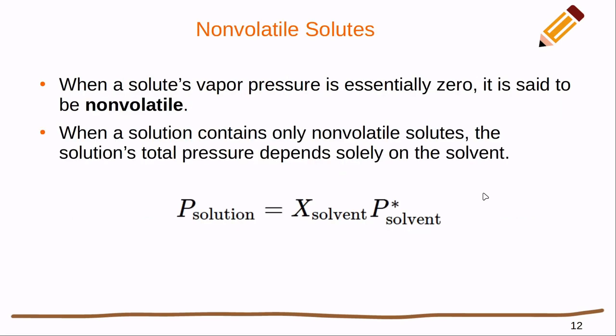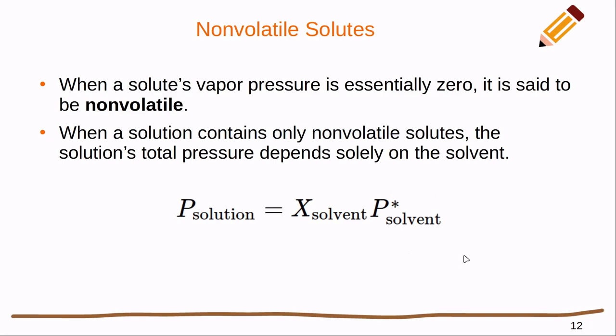But if we talk just about non-volatile solutes, where the partial pressures of their pure states are essentially zero, we get a simplified equation, where the vapor pressure of the solution is just going to equal the mole fraction of the solvent multiplied by the pure solvent's partial pressure.